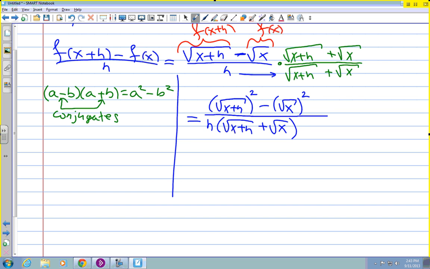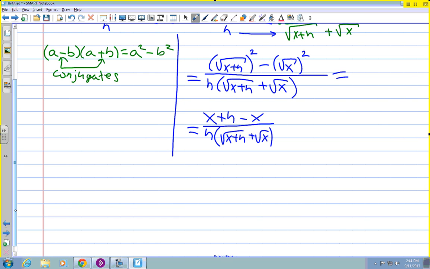Why is it so nice that we got those squares on top of those square roots? The squares will kill the square roots, leaving us with x plus h minus x over h times all that. Now I can start crossing things out. I can cross out the x's and then the h.